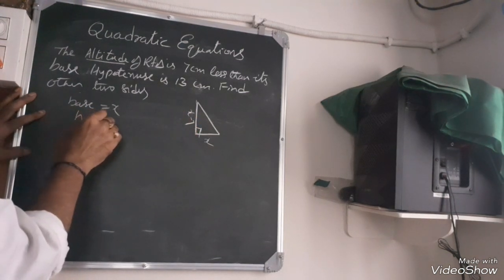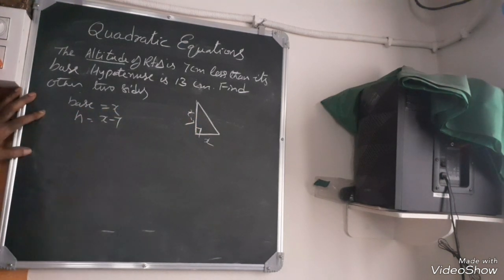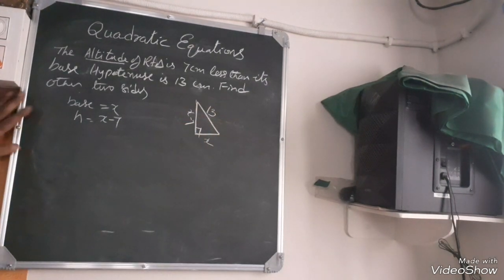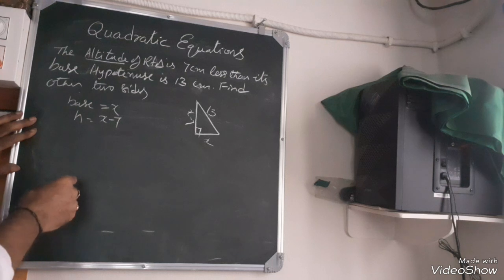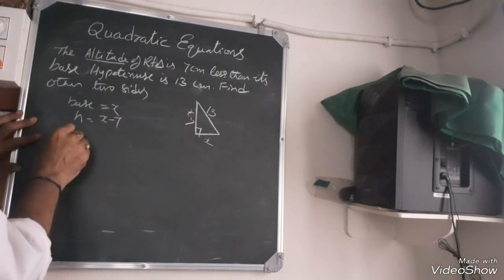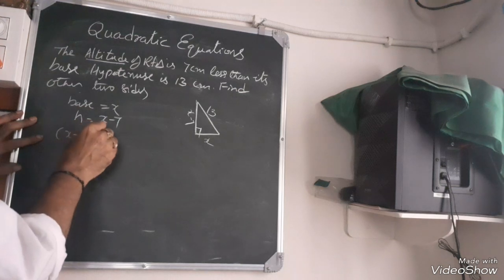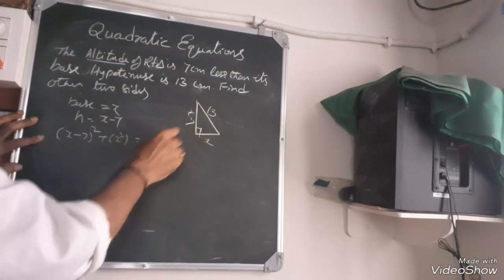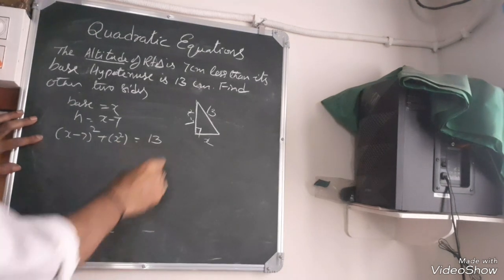So height or altitude you take x minus 7 and the hypotenuse 13. Since it is a right angle triangle, we can apply Pythagoras theorem. What is Pythagoras theorem? The sum of the squares of two sides, that is x minus 7 whole square plus x square, equal to the square of the hypotenuse, 13 square.